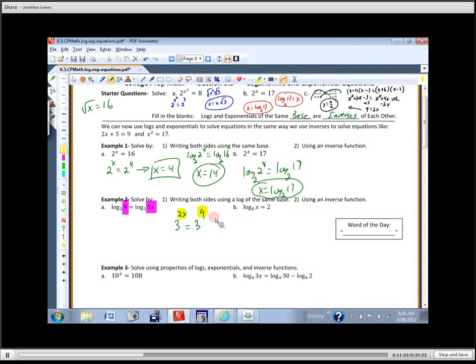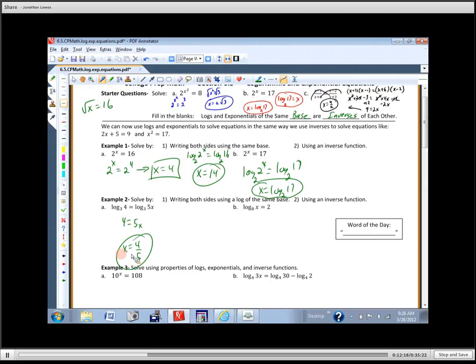Okay. So, if that's the case, let me go back here and erase. The only way these could be equal is if 4 is equal to 5x, which means x is going to be 4/5. And that would be the answer. Now, you do have to check and make sure. Does this actually work? Logarithms are one of those functions that have issues.